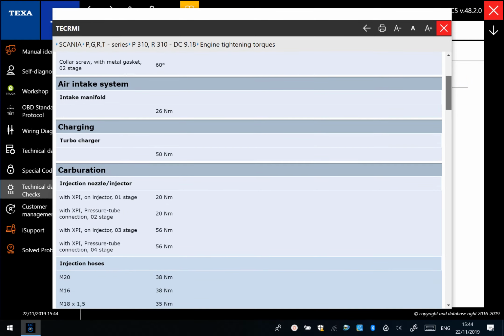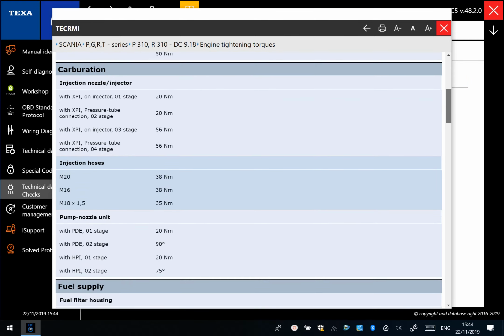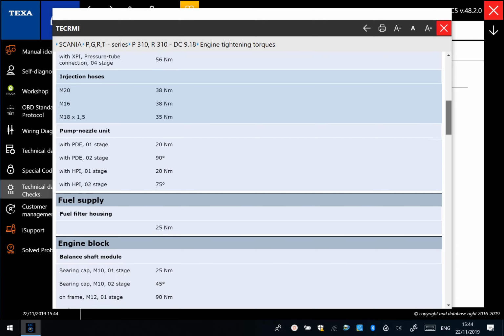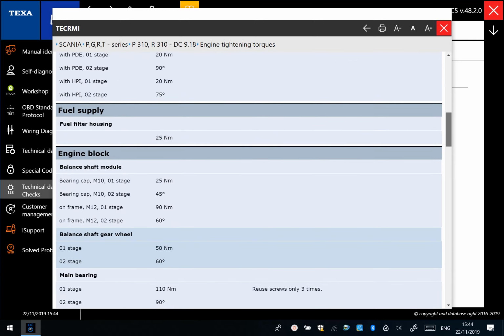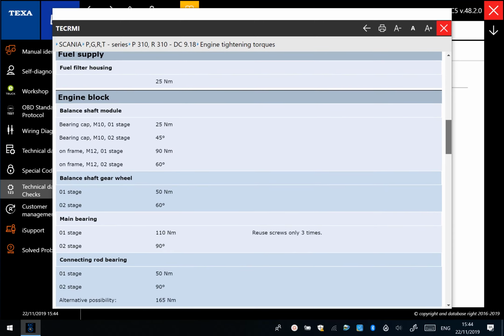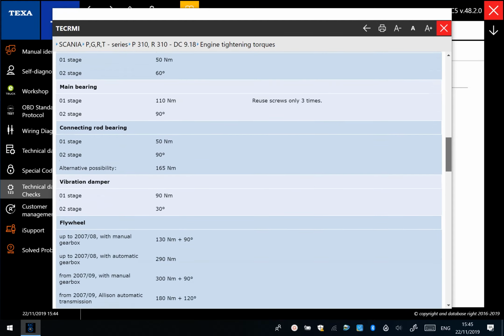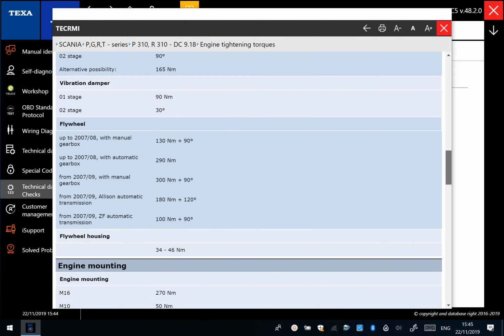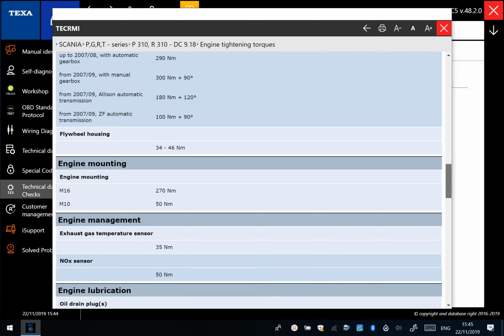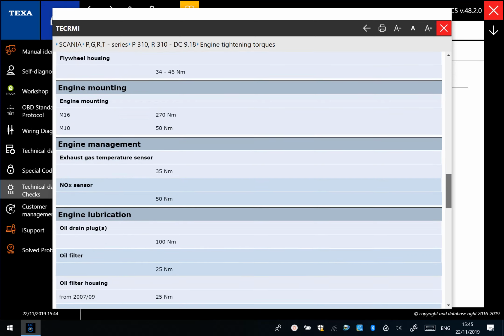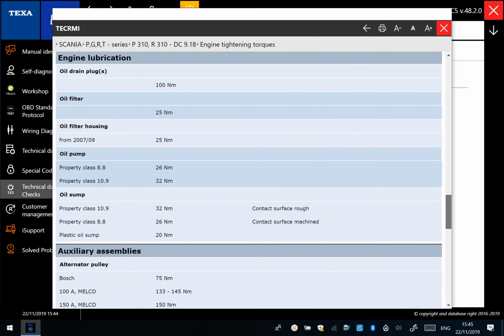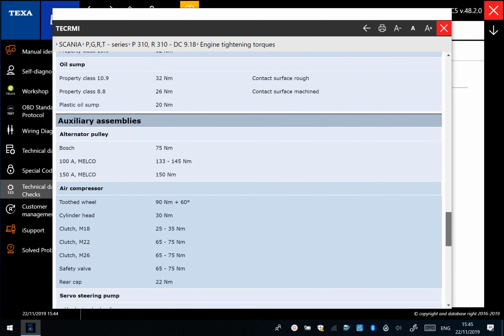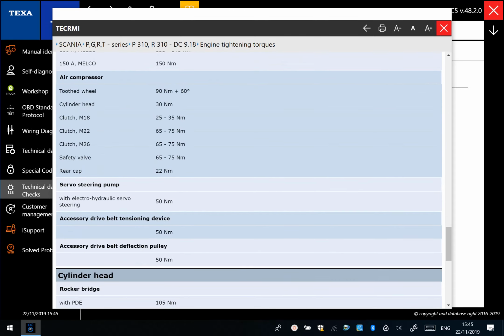You can see all the way down all of those tightening torques. Now this is all included within the kit that we would supply. So you can see, I'll go a little bit slowly so you can get an idea. Again, there's a lot of information in there.